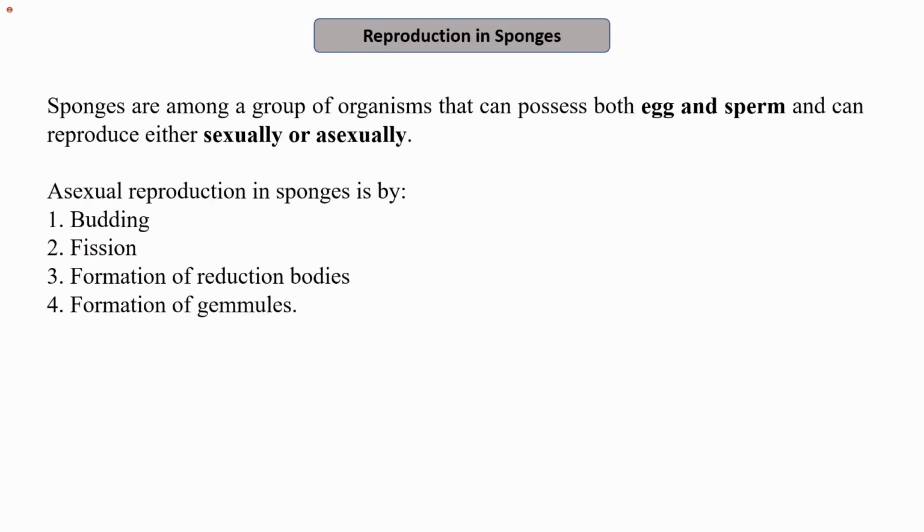Now, the very important thing is how reproduction is happening in the sponges. So till now, what we understand about the sponges is that they have a cellular level of organization. They are asymmetrical except for some exceptions. They are mostly sedentary, not much mobile, and mostly marine.